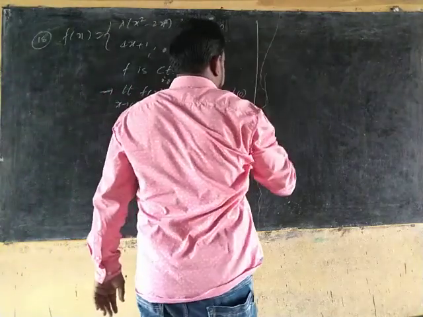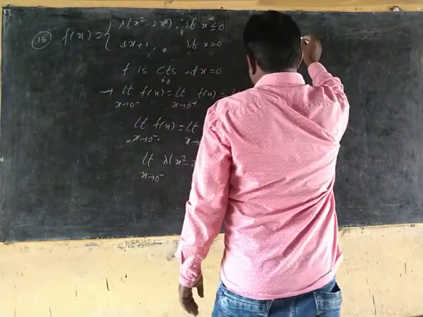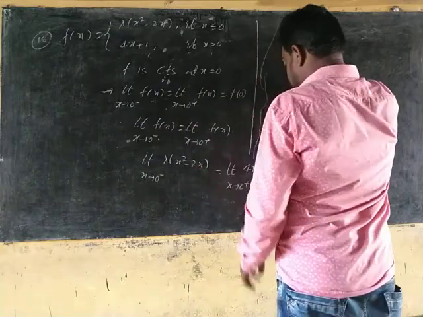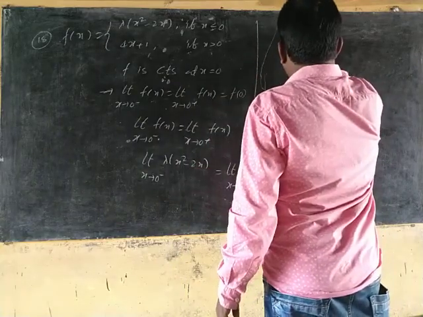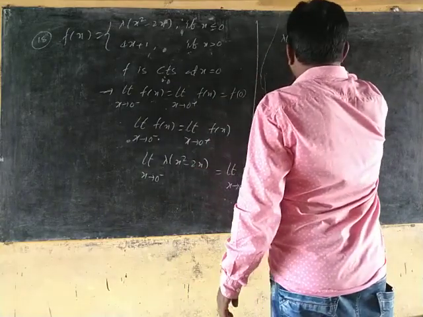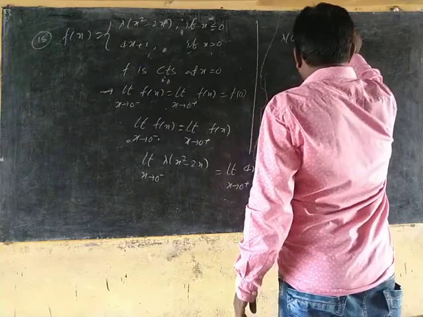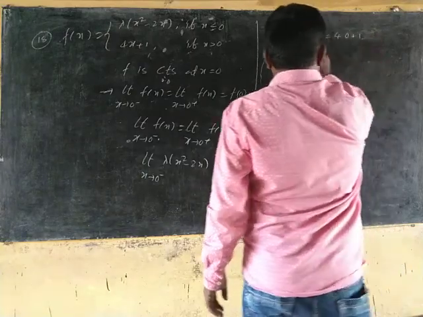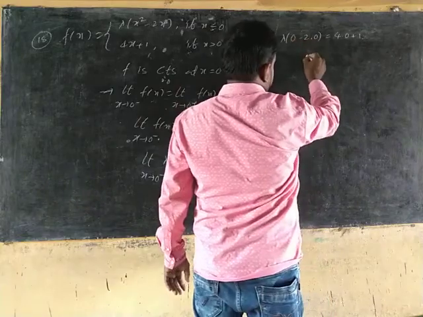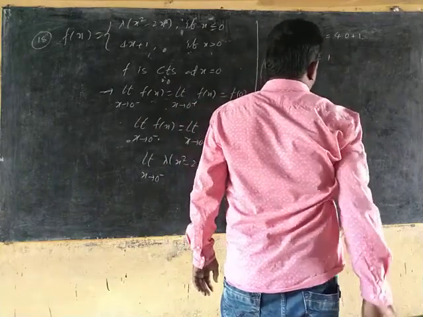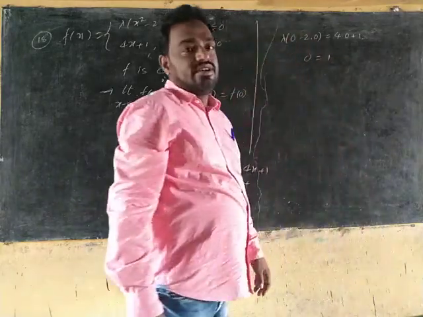So what we are getting? Lambda into 0 square minus 2 into 0 is equal to 4 into 0 plus 1. That is 0 into something, equal to 0, is equal to 1. 0 is equal to 1 is not possible.